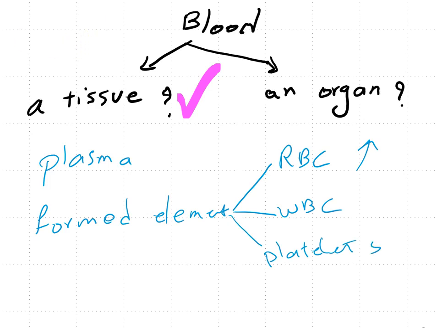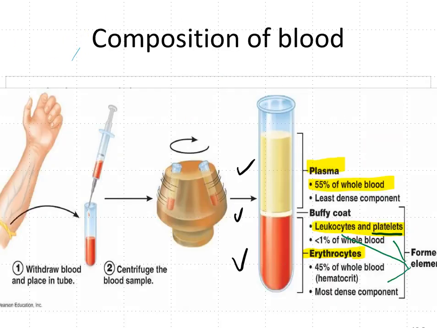Let's see the test we use when we want to see the composition of blood. As you can see, after centrifugation of blood in the test tube, we can find 3 different layers with 3 different colors. The heavier part, which is red, is composed of erythrocytes, and it's 45% of whole blood.